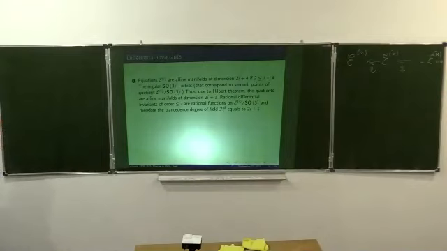Now, about differential invariants, what can you say about them? These are affine manifolds, and the sequence tells us that the dimension of these affine manifolds is 2i plus 4, and i runs between 2 and k.